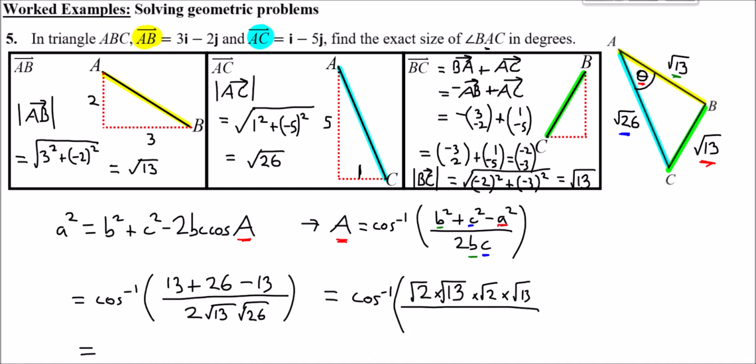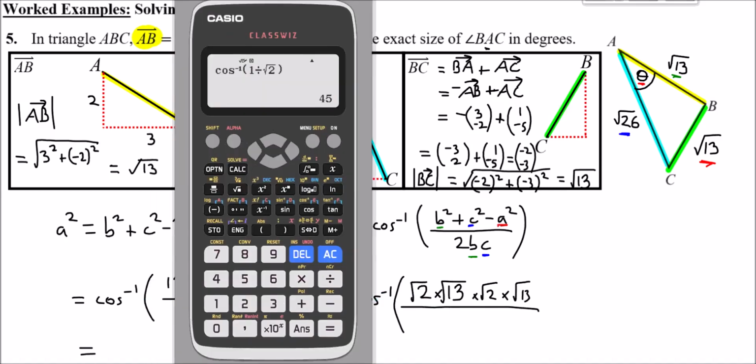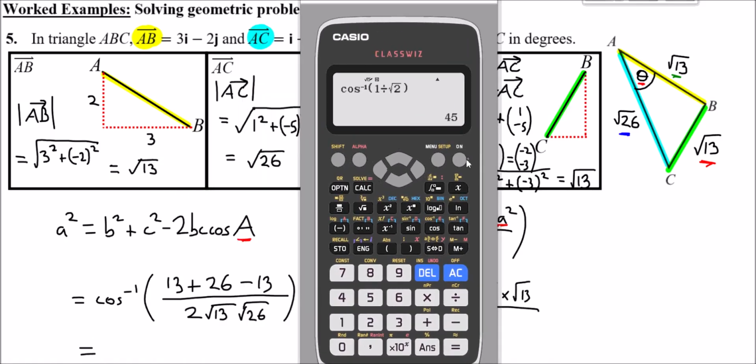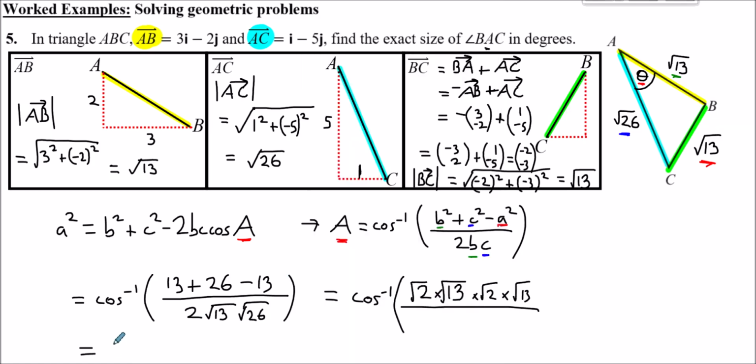In fact, I'm going to do this here for you, just in case you're slightly confused as to this tangent I'm going off on. So, if you do shift cos minus 1, 13 plus 26 minus 13, all over 2, then root 13, then root 26. You should be finding, close the brackets correctly, that the angle is exactly 45 degrees.